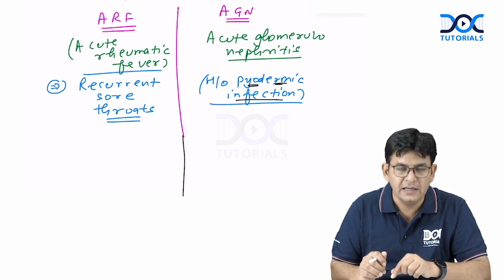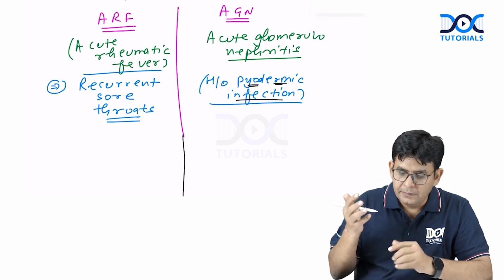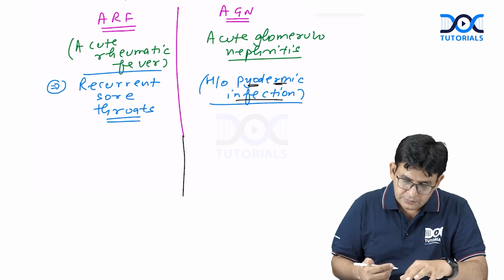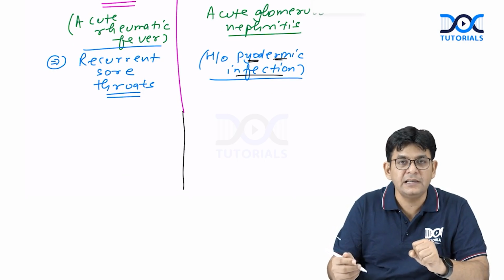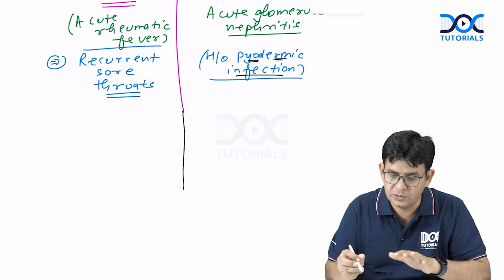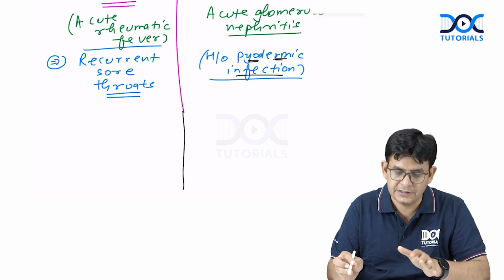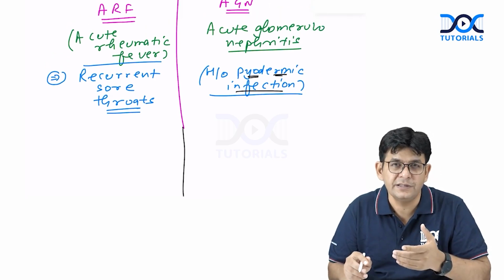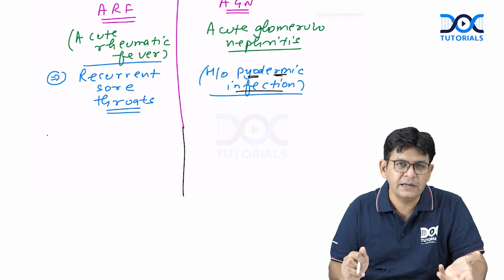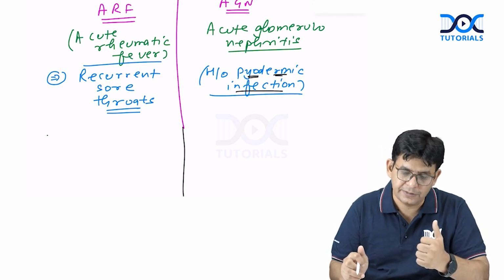That is what is termed as acute glomerulonephritis after this pyodermic infection. But some say it is only after pyoderma. No, it is not so. It can be after a sore throat also. And if I ask you which one is the more serious affair, acute rheumatic fever or acute GN? The obvious answer is acute rheumatic fever is more dangerous than acute GN.